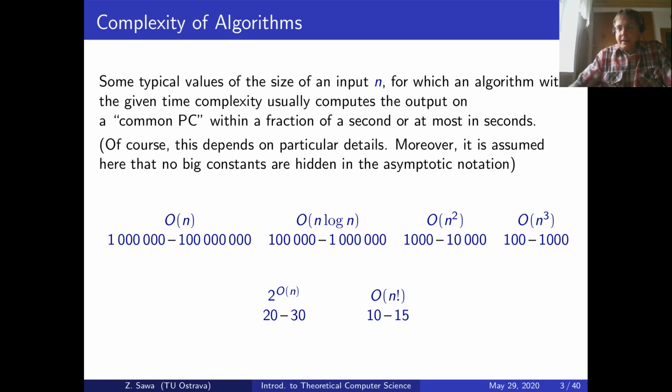And if it's something like big O n factorial, then even smaller, like from 10 to 15 at most, because it grows even faster than 2 to n.